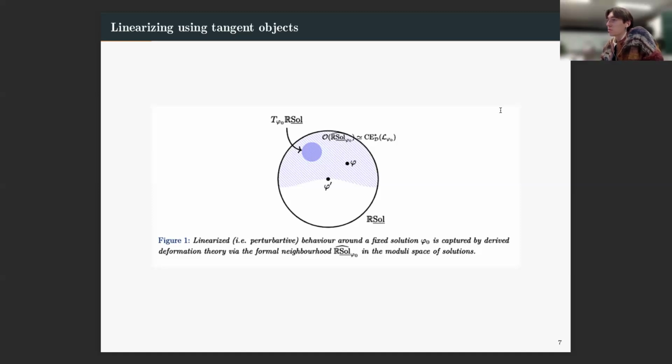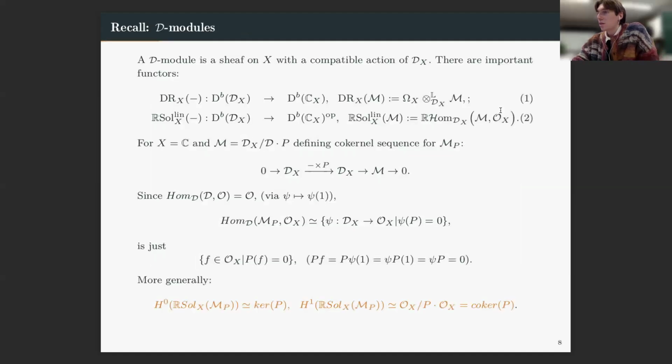But we want to work ambitiously with the global setting. And so this is just a reflection of this phenomenon here. As I mentioned, this D floating around here is going to refer to the sheaf of differential operators on a space.